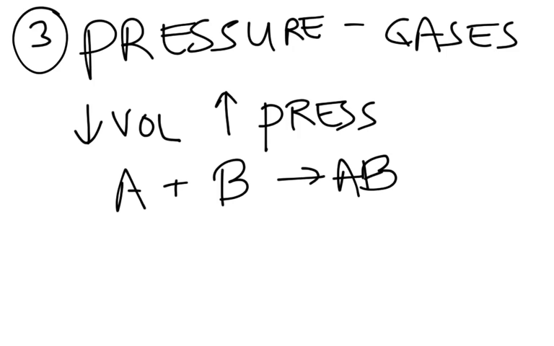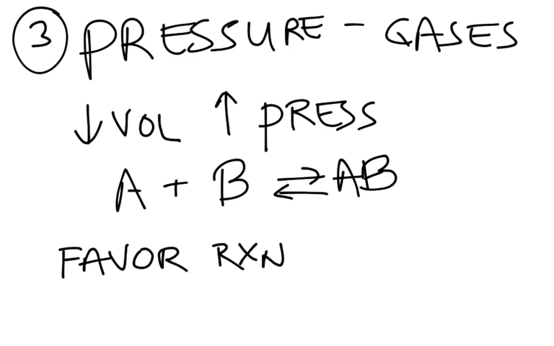Everything now has more pressure on it. So it's not just one or the other, but the system still has to adjust. So what happens is it is going to favor the reaction that produces the least molecules. We will favor the reaction, that's what RXN means, that produces the lowest amount of molecules.